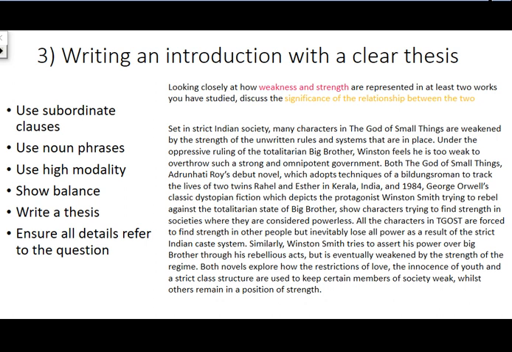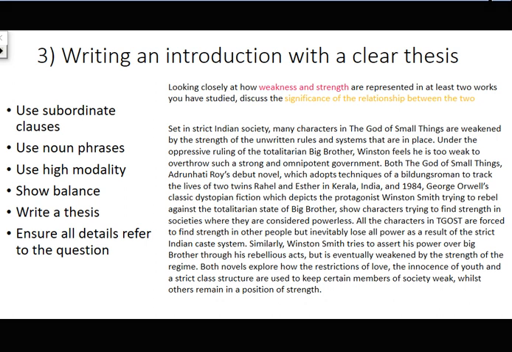I'm going to read this introduction out to you, and then we can have a look how these tips here are shown in this introduction. So again, we're keeping with this same question, and also remember the big chunkies that we got from our plan. So you can write a really effective introduction once you've planned your big chunkies in that planning time.